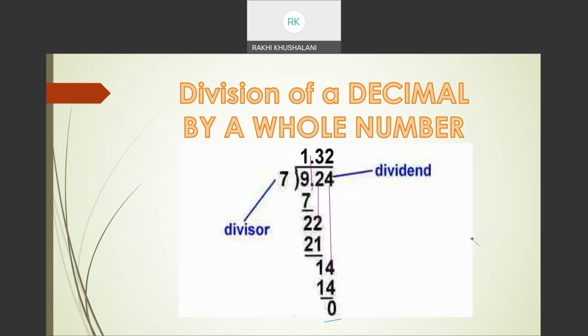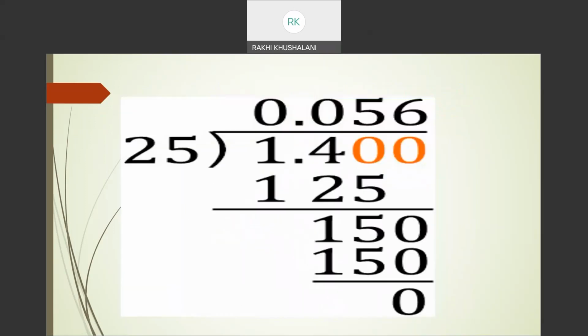And my answer that I have received is 1.32, which is, I think, correct. Multiply 132 by 7 as a whole number and put the decimal point 2 places before, which is 924. You can pause my video and check. I hope you all have done the checking and you have got the right dividend, that is 9.24.